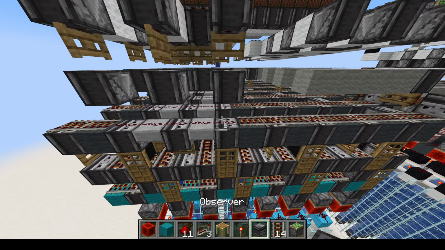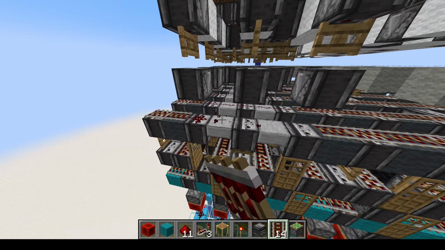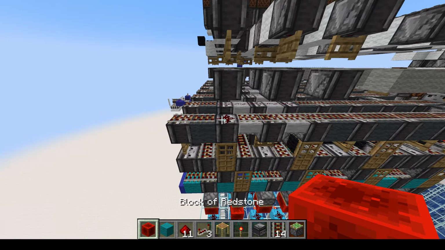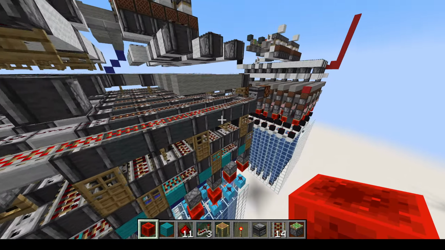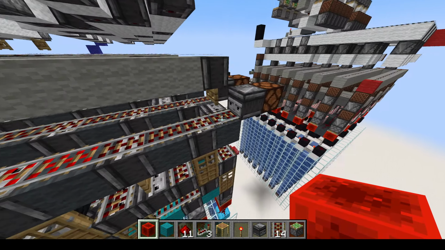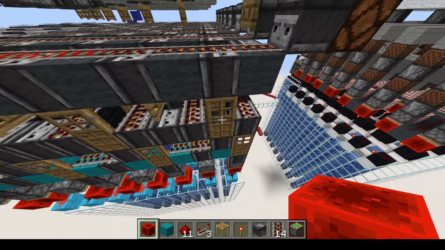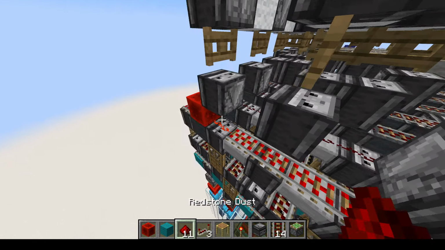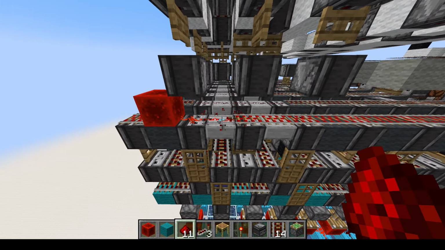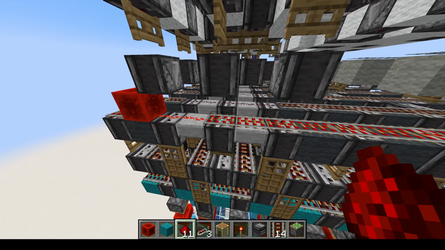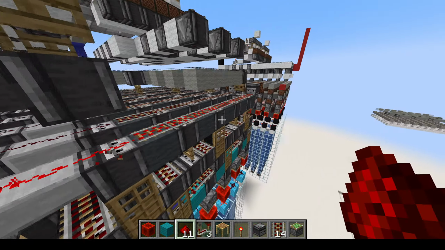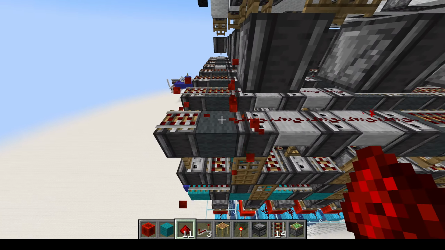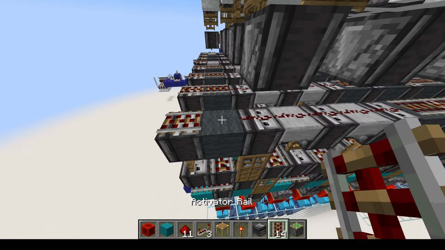If we were to have this be rails, and it's just getting a pulse from this observer, well, that's going to be an issue because that actually doesn't extend all the way over here, and at this point we're actually using the signal to decode this piston here. So to solve that problem, I put in the minimum amount of redstone. You have just enough redstone, you can see it extends far enough for this to work. And that probably broke everything, but that's okay. I know how to fix this thing.